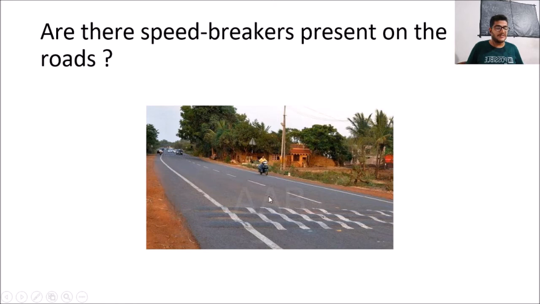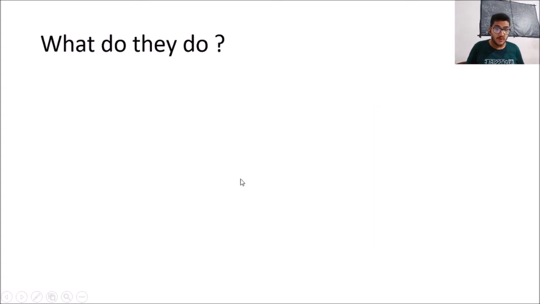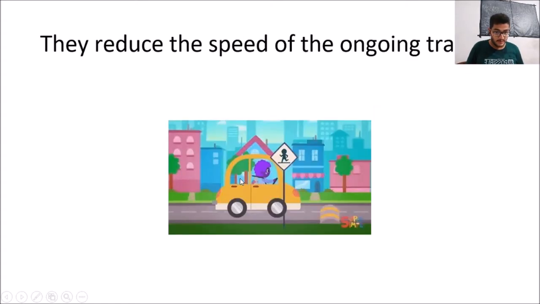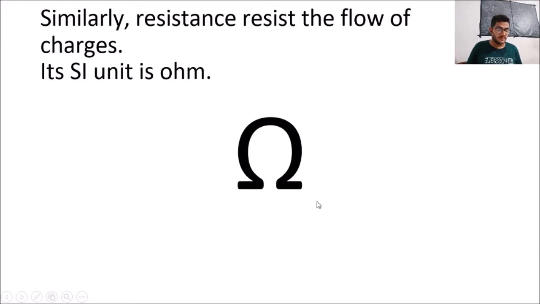They create resistance to the wheels. They reduce the speed of the ongoing traffic to maintain the traffic. That is why speed breakers are placed.